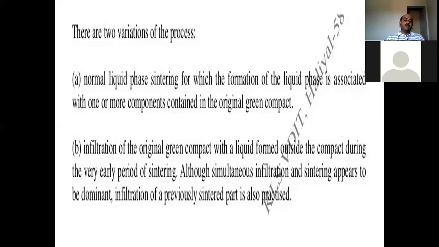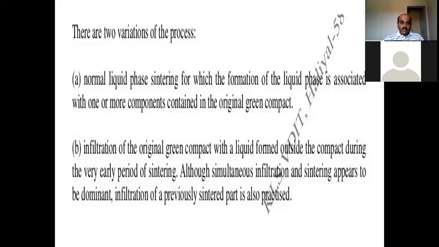In a sense, the process can take place in two different ways. One is the normal liquid phase sintering, for which the formation of liquid phase is associated with one or more components contained in the original grain compact. Whenever you want to carry out liquid phase sintering, you need the wettable liquid.